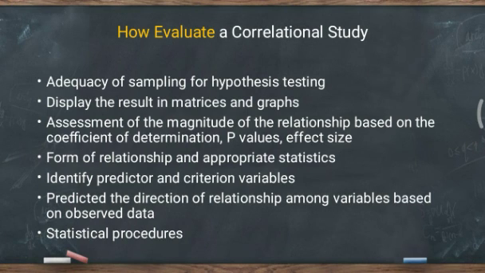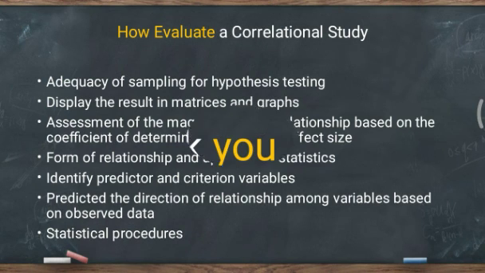And the third, assessment of the magnitude of the relationship based on the coefficient of determination, p-values, and effect size. And the fourth is form of relationship and appropriate statistic. And the fifth is identify predictor and criterion variables, and then predict the direction of relationship among variables based on observed data, and the last, statistical procedure.